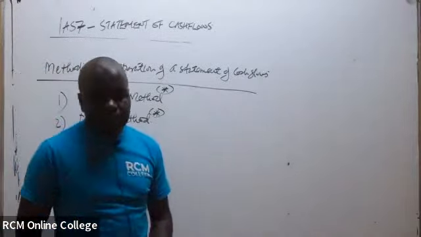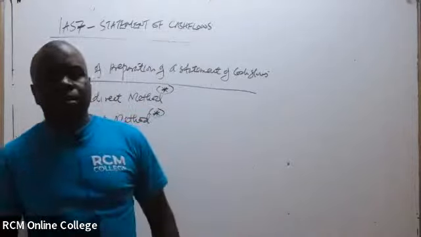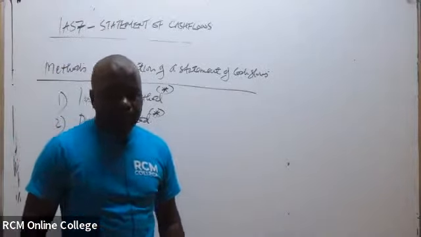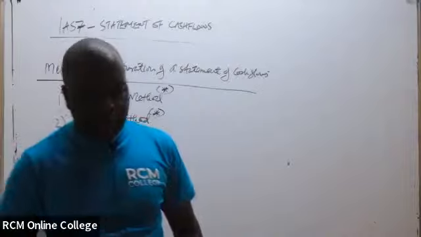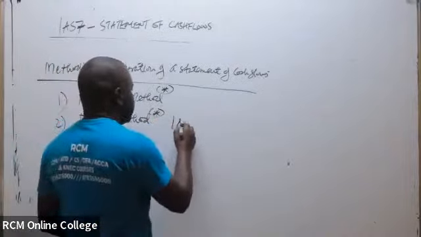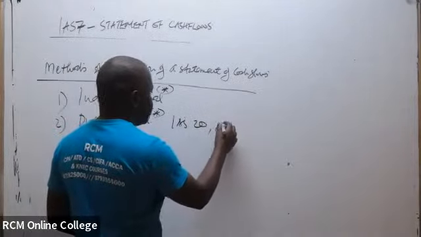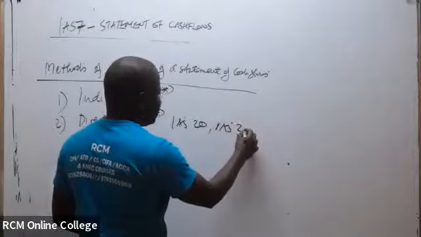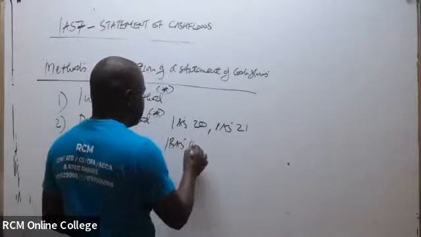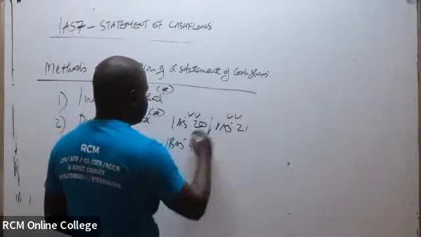Take note also that we did a class during lunch hour on Wednesday, and I think I shared the notes. We looked at IAS 20, IAS 21, and IPSAS 4. So we looked at these three standards.